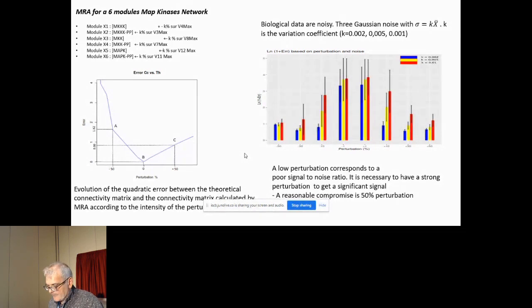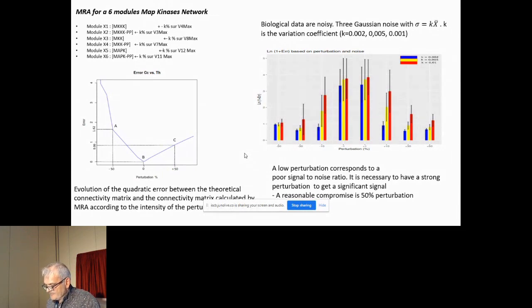In the right figure, we complexify the situation. We introduce biological data noise, free Gaussian noise with a standard deviation equal to k multiplied by the average x, where k is the variation coefficient with increasing values.